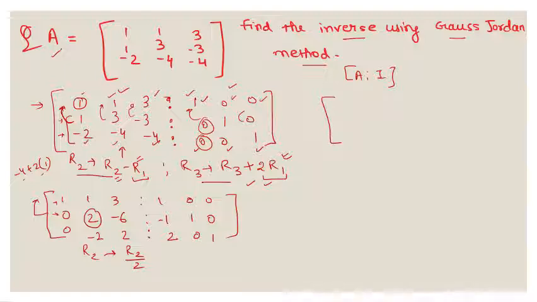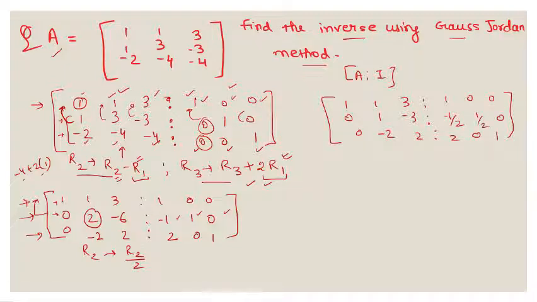You are not doing anything in the first row and third row, so keep them as they are: 1 0 0, and here 0 minus 2 2, and here 2 0 1. Now divide the second row by 2: 0 by 2 is 0, 2 by 2 is 1, minus 6 by 2 is minus 3, then here minus 1 by 2, 1 by 2, and 0 by 2.